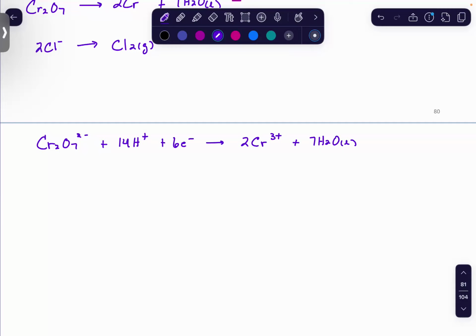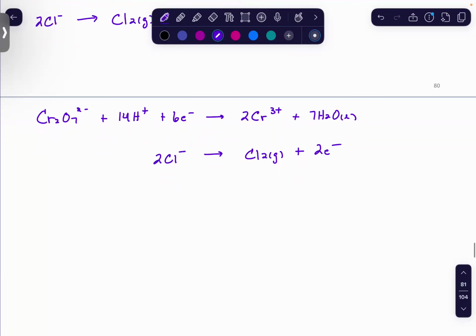Okay, so now charges are balanced, hydrogens are balanced, oxygens are balanced. So then my two chlorides give me chlorine gas plus 2 electrons. Well, we're lucky because if we want these electrons to match, all I have to do is multiply the chlorine equation by 3 to make both half reactions have 6 electrons.